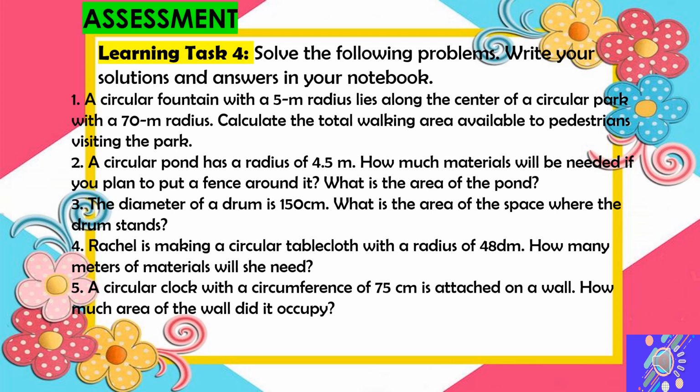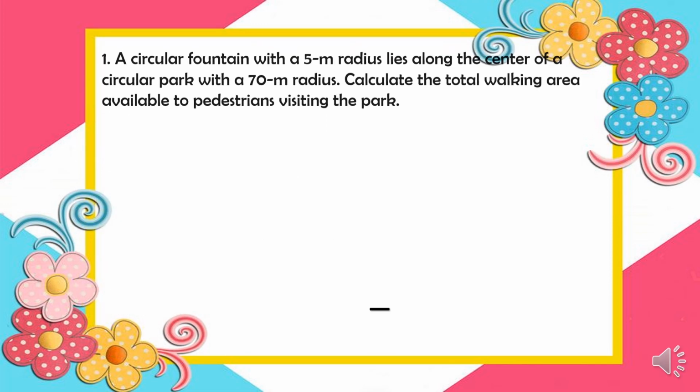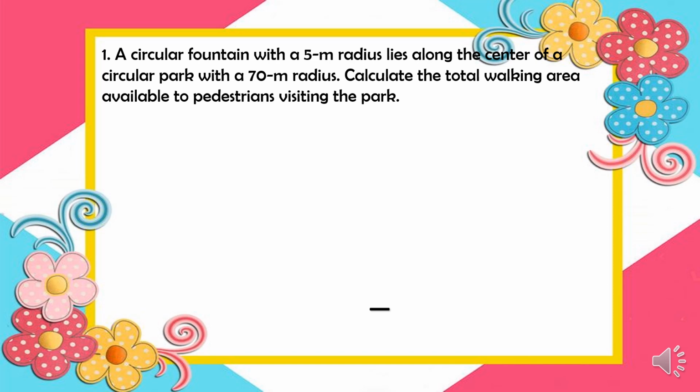Okay, so let us now answer number 1. For number 1, a circular fountain with a 5-meter radius lies along the center of a circular park with a 70-meter radius. Calculate the total walking area available to pedestrians visiting the park. Okay, so on this problem, kunin muna natin yung circular park, yung area of a circular park.